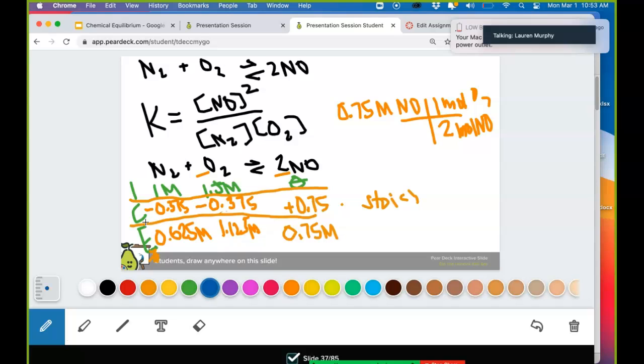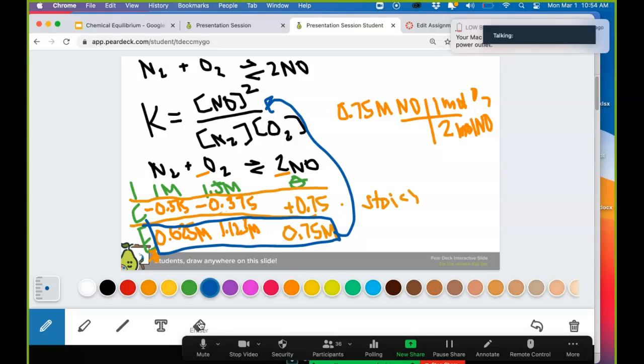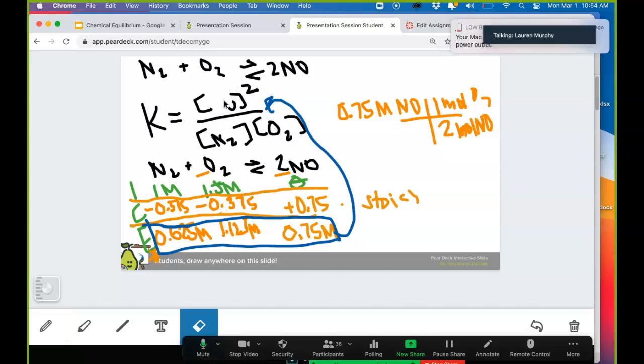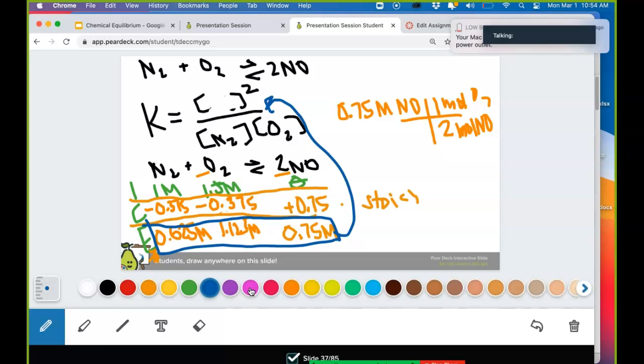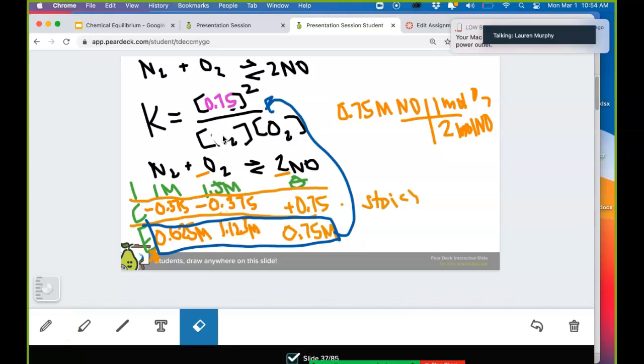Now that I have all of my equilibrium values, I take and I plug them in to my equilibrium expression. So the NO is 0.75. The N2 is 0.625.